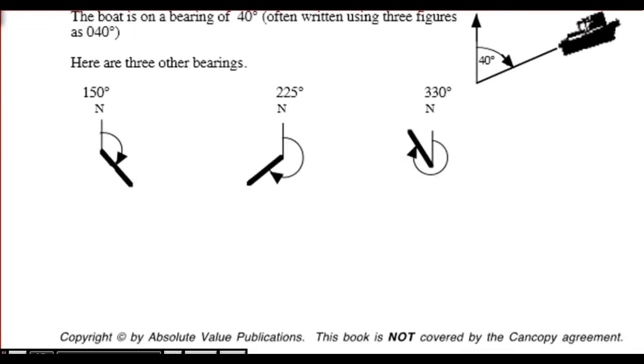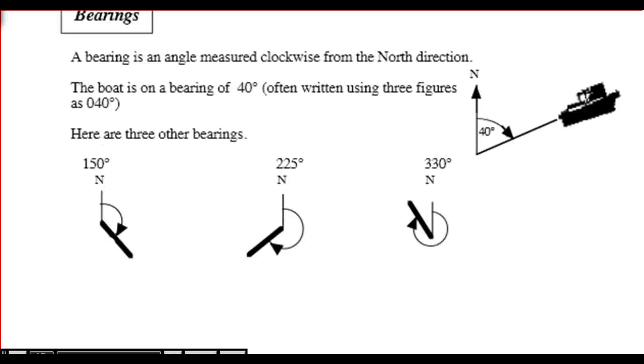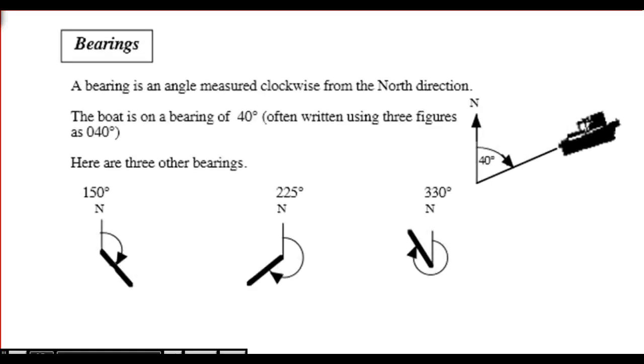Let me look at these bearings here, and this is also very common in navigation. It's measured based off a 360 degree, obviously a full circle. Usually north is measured as 0 degrees. So if you're heading north, you would say I'm heading in the direction of 0 degrees, and it's measured clockwise.